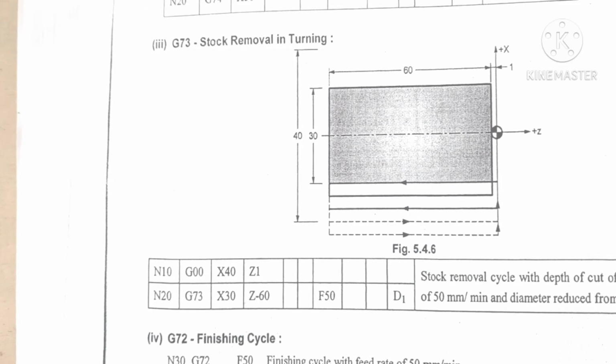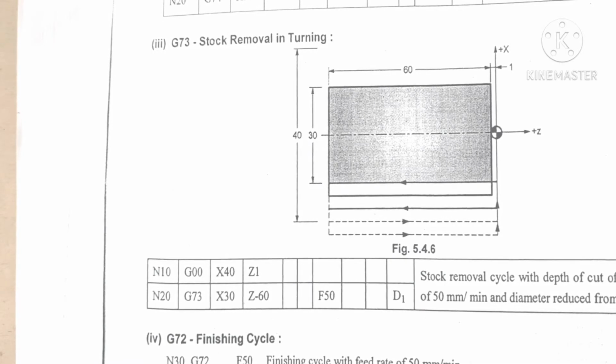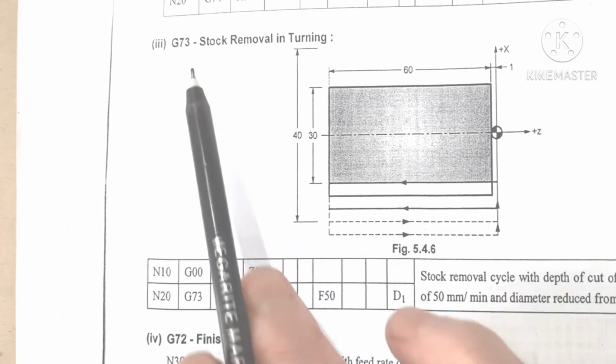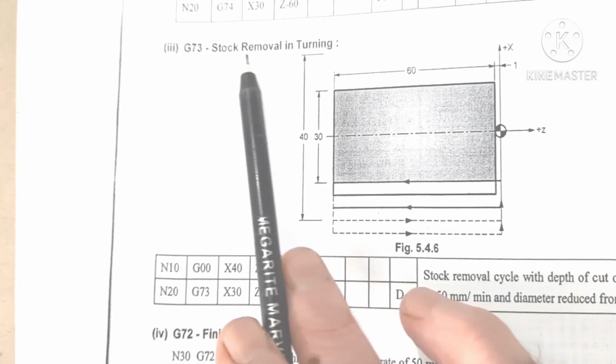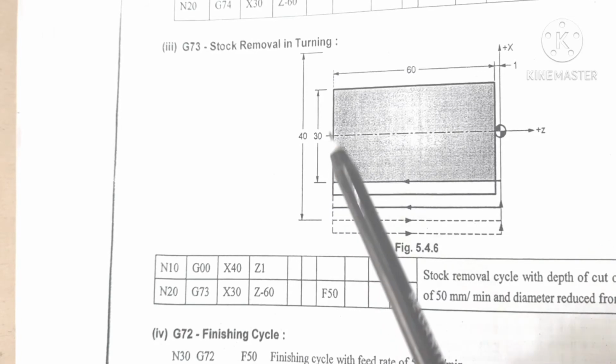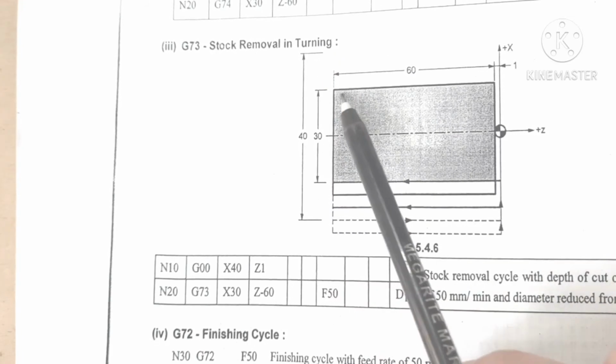Now stock removal in turning. This will be detailed in the program when we do the programming, which we will see in detail. Here is just an introductory part. G73 stock removal in turning. So this is plus z axis, plus x axis, and this diameter is 30, 40 and this 60, 1 mm clearance.